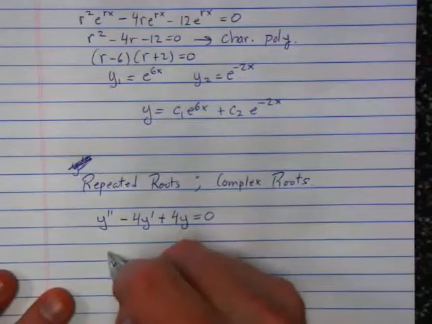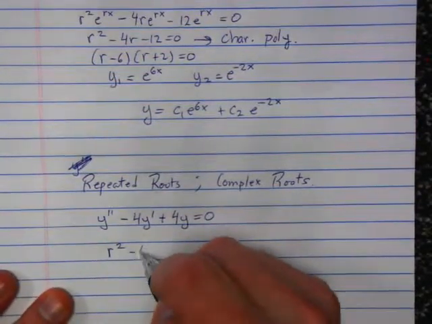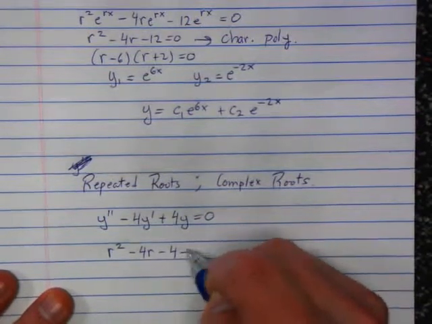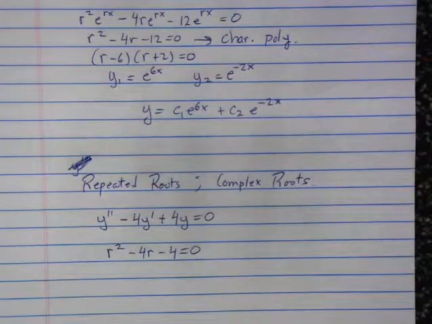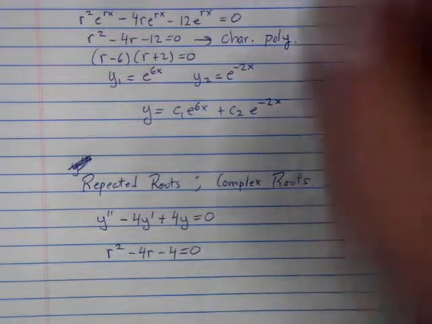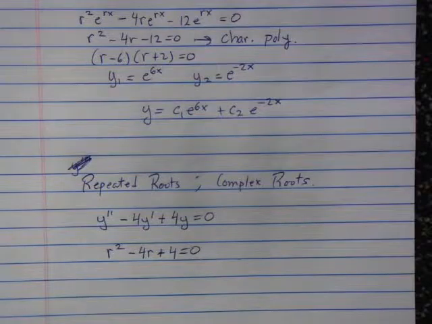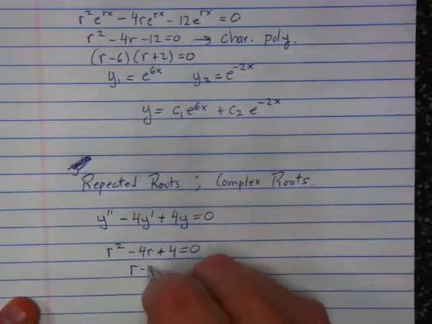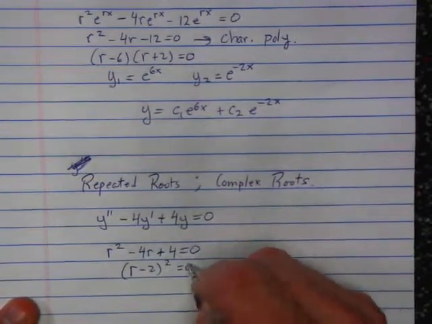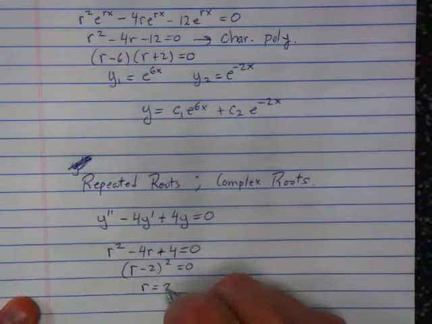You compute your characteristic polynomial, r squared minus 4r plus 4 equals 0. It factors as r minus 2 squared equals 0. So you only get one solution, r equals 2.